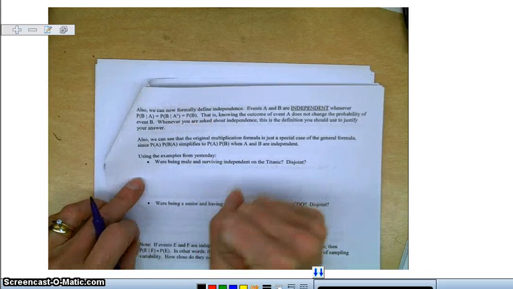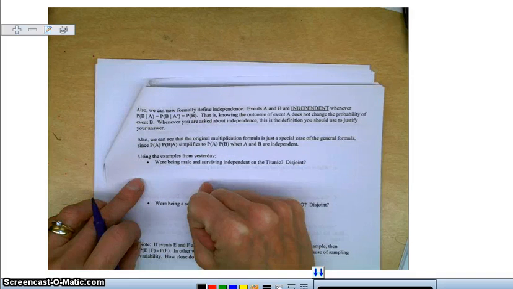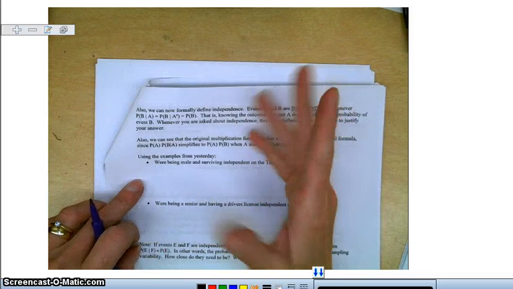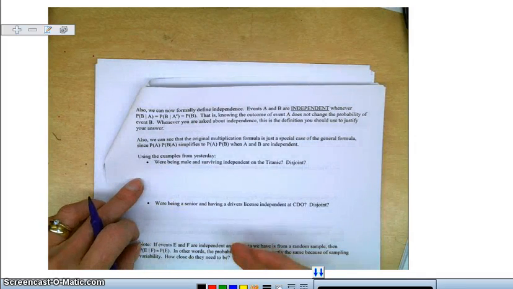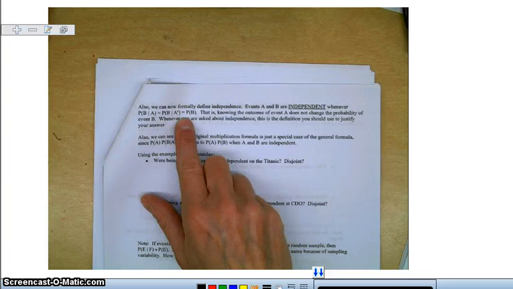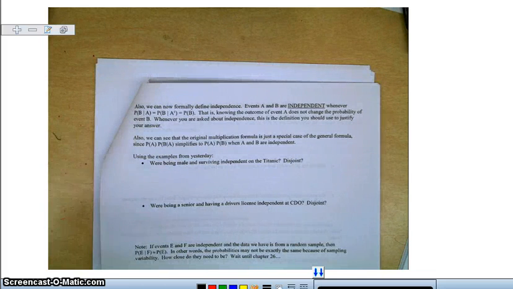Now, when we talked about independence before, we talked about making a segmented bar chart. And basically what we were looking at in the segments were probabilities, percentages. And if they looked the same, hence the equal, then we could say that they were independent, because you can't tell what's happening based on whether it's male or if they died.